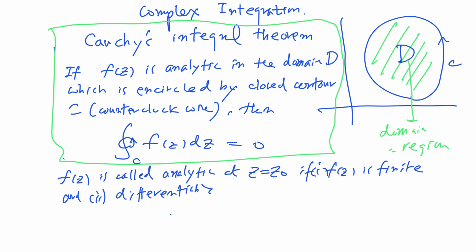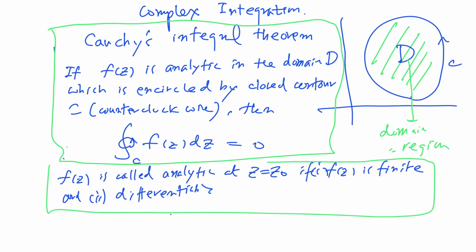The domain is actually the region where the independent variable z is defined. And f(z) is called analytic if f(z) is, number 1, finite, number 2, differentiable.